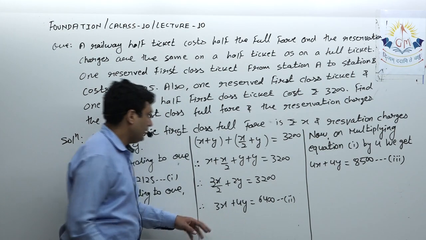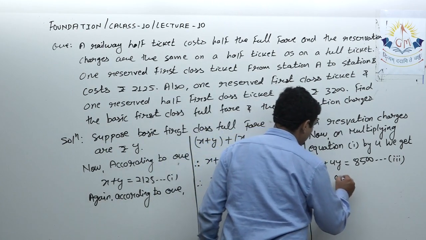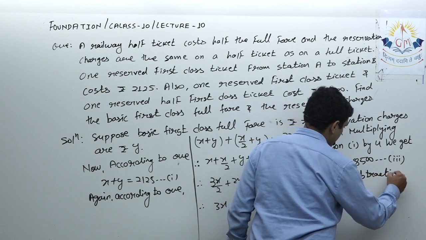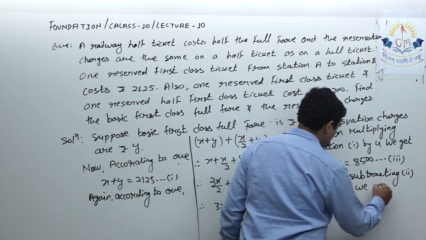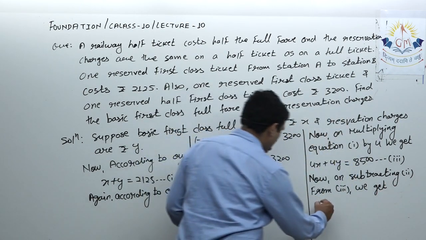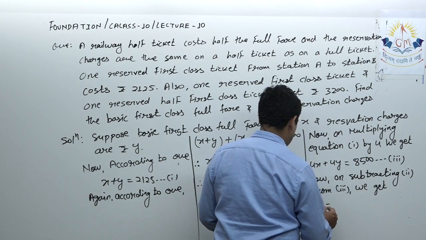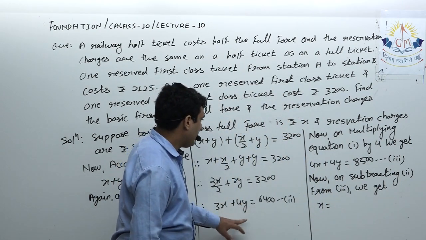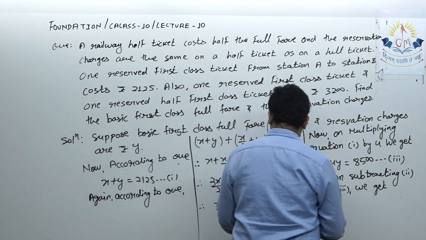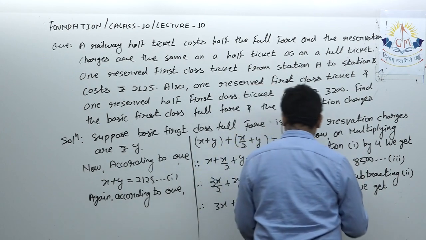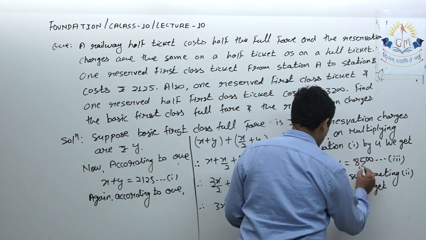Now simply if I subtract equation number 2 from equation number 3, I will get the value of X. On subtracting second from third, we get 4X minus 3X, that is X, is equal to 8500 minus 6400, so it is 2100.